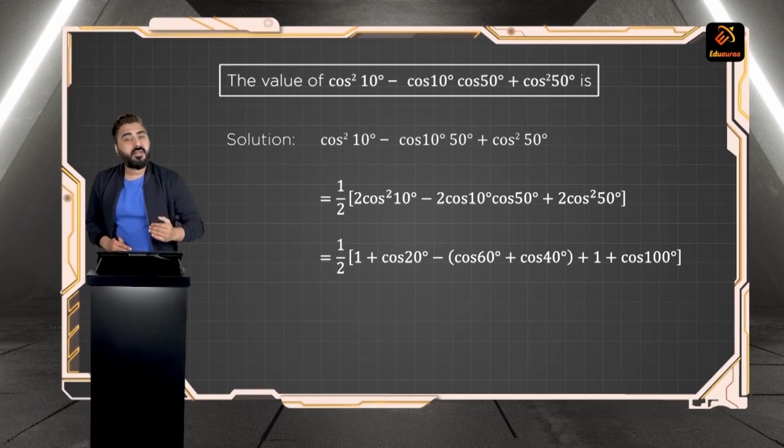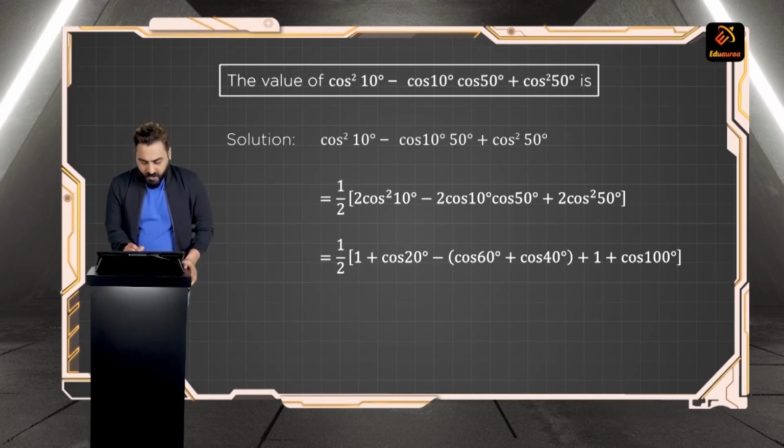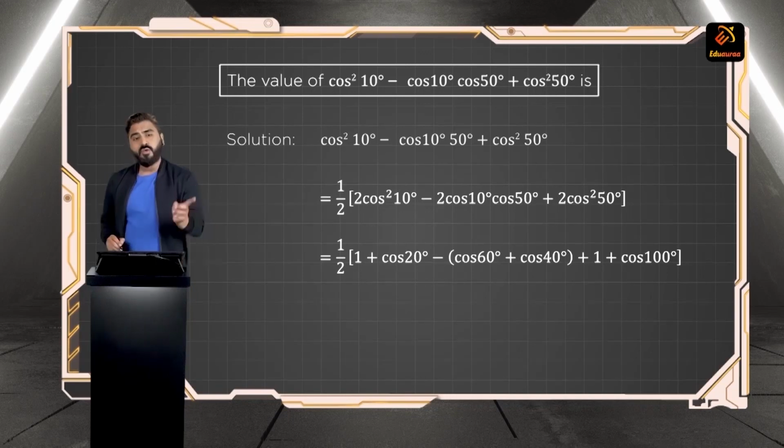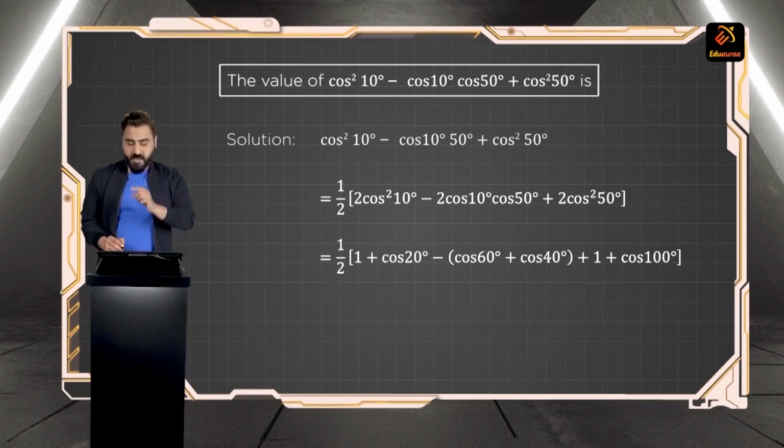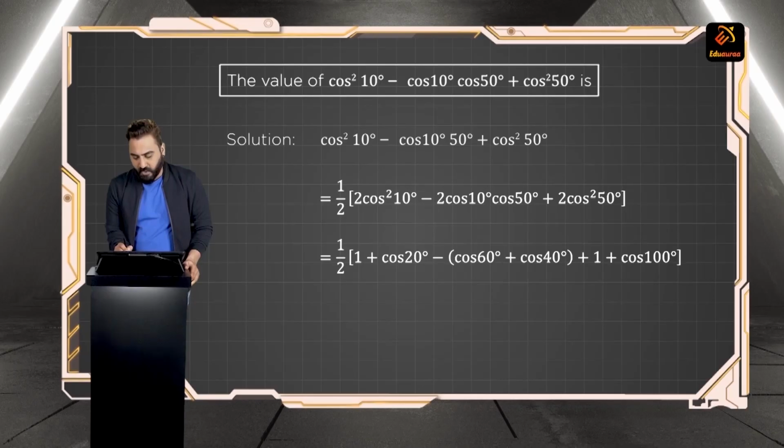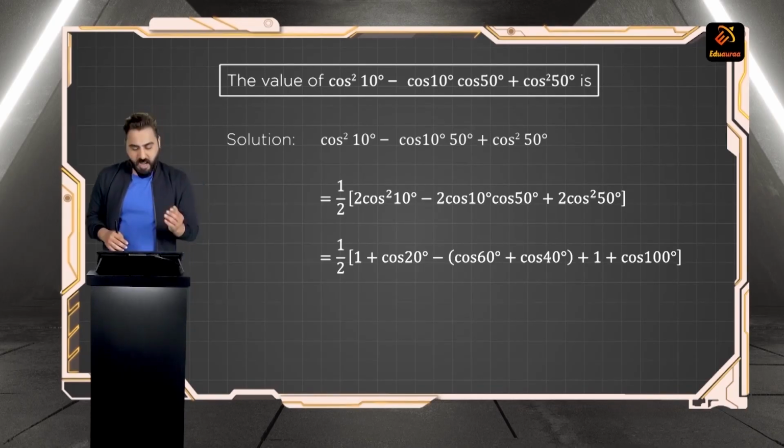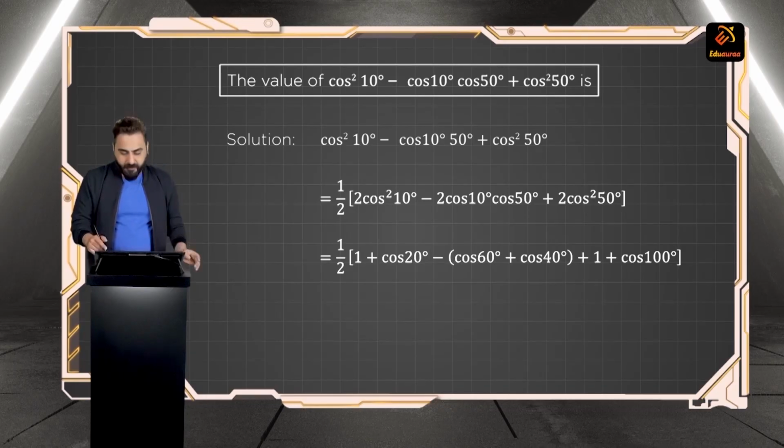When we apply the defactorization formula, we get cos of 60 degree plus cos of 40 degree. Put bracket students, plus 2 cos square 50 degree will become 1 plus cos 100 degree.